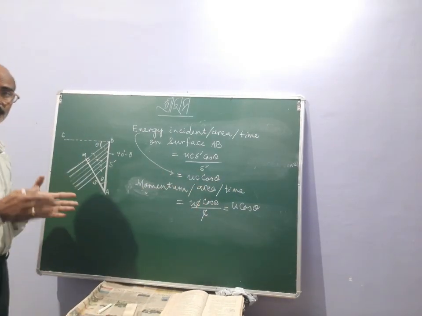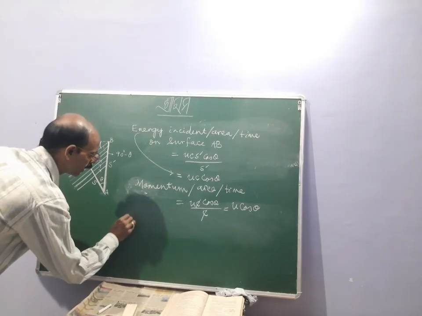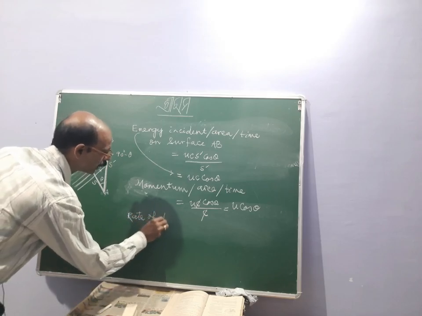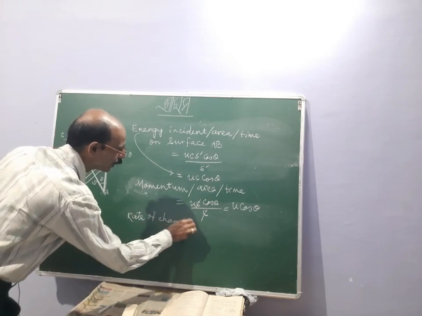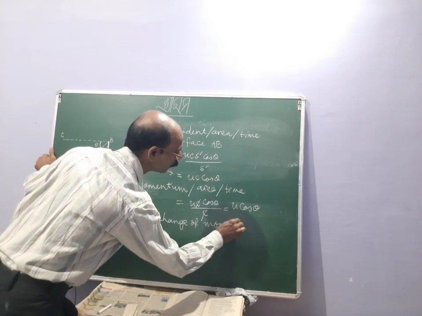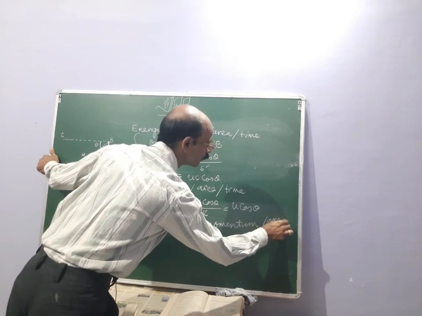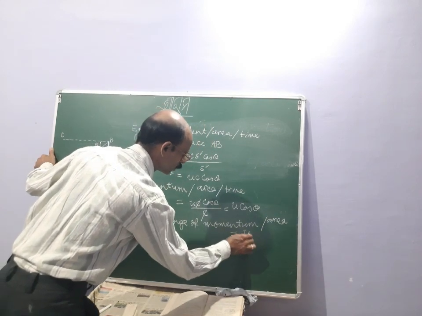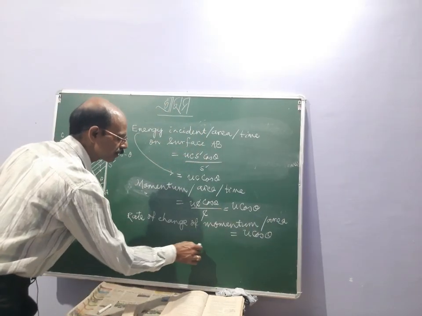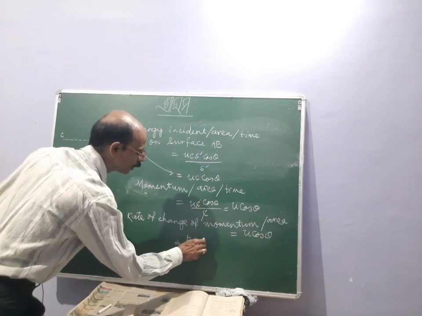So when momentum is fully absorbed, we have rate of change of momentum per unit area equal to U cos theta, and this gives us pressure. That implies pressure is equal to U cos theta.